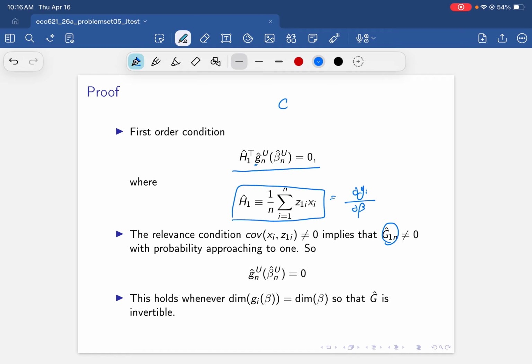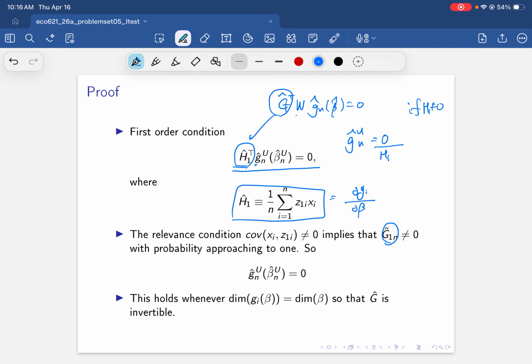Now W is identity, so W is gone, and G is replaced by H1. It is a scalar, so you may think of G hat U being 0 as dividing by H1, if H1 is not 0.